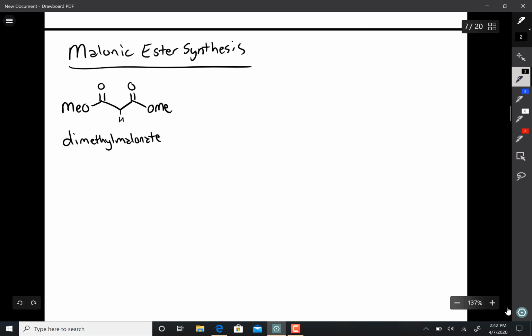The center carbon has a pKa roughly around 10. And what you're able to do with a base is simply deprotonate it and form an enolate. Now this enolate has a conjugate pKa of 10.